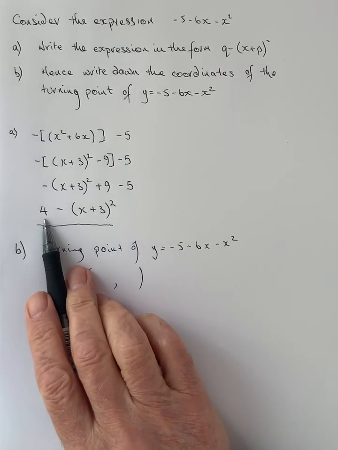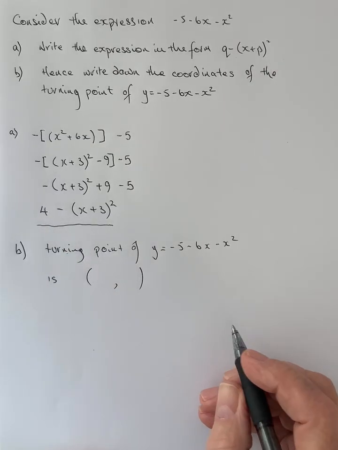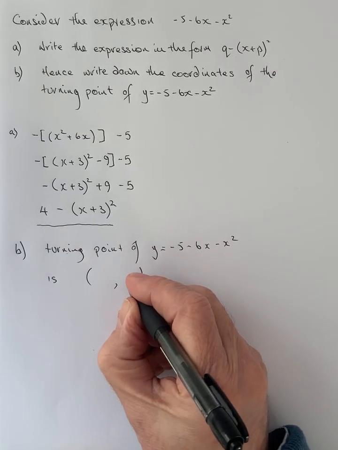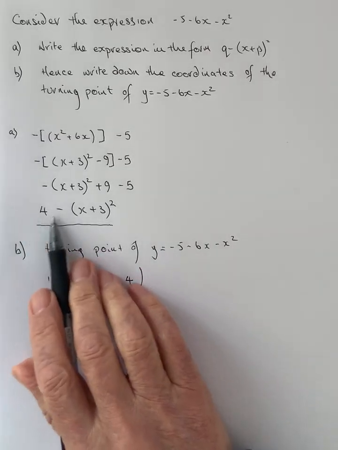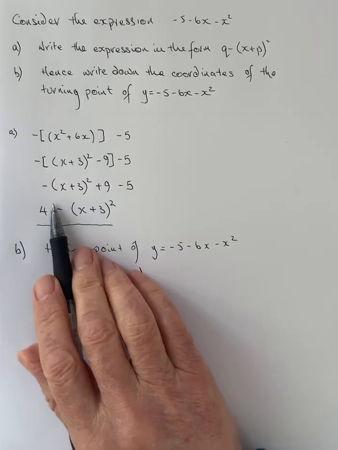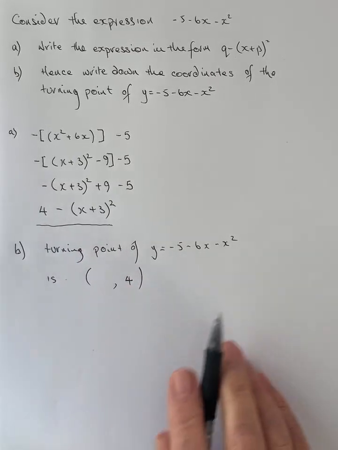The constant term, in this case, is always the y coordinate, and it doesn't change. It is exactly as the constant point is there. So this is +4, so the y coordinate is +4.